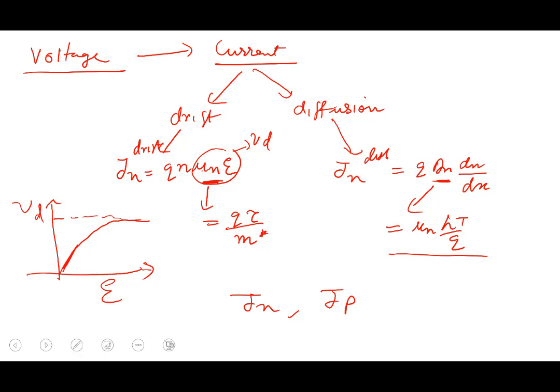Now these equations are there. Besides these, you need a few other equations which are valid everywhere. One is Gauss's law. What does Gauss's law say? Del dot D equals rho. Let's write it in one dimension.